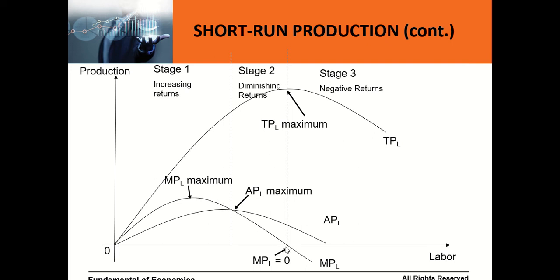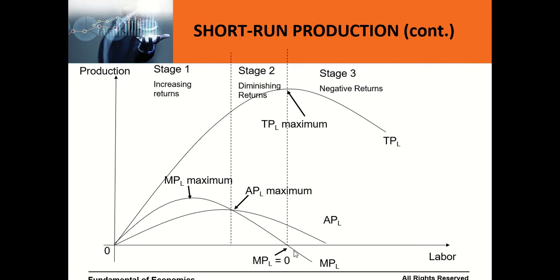But make sure when the MP equals 0, how do you know it is 0? Because if you bring it here, it equals 0. At the same time the TP is at maximum, so they must be aligned in terms of the position of TP maximum and MP equal to 0. Right after that, the MP has to be negative, declining at a negative rate.